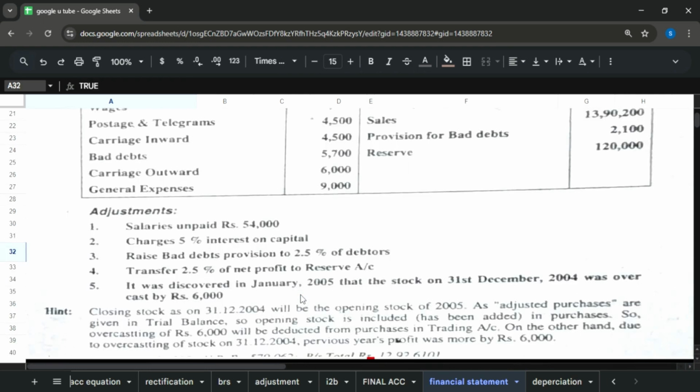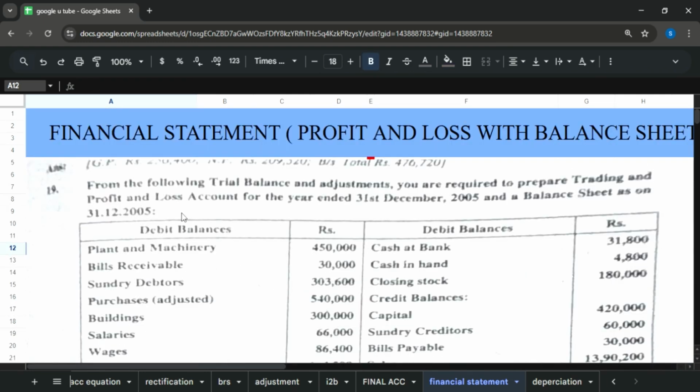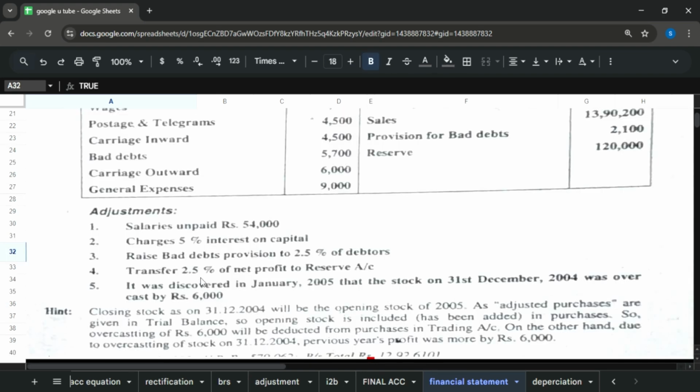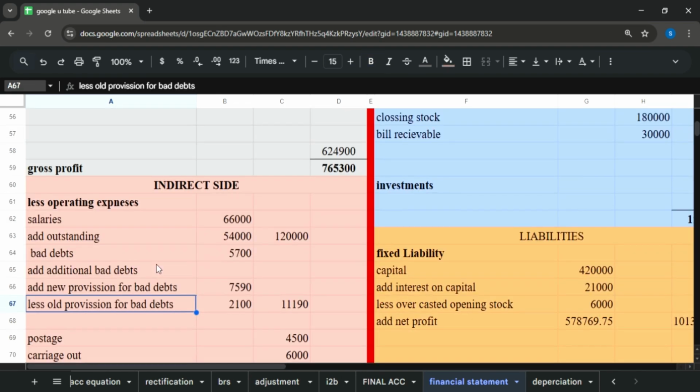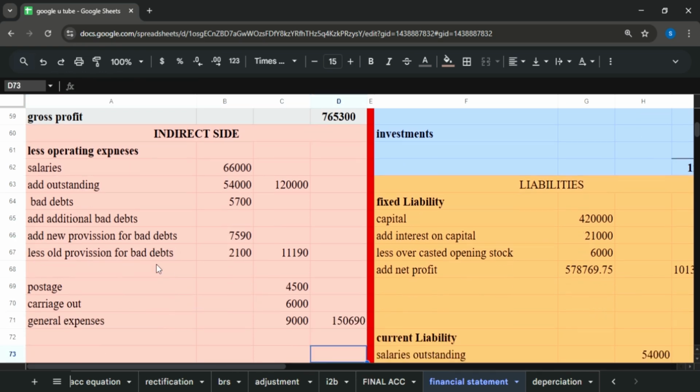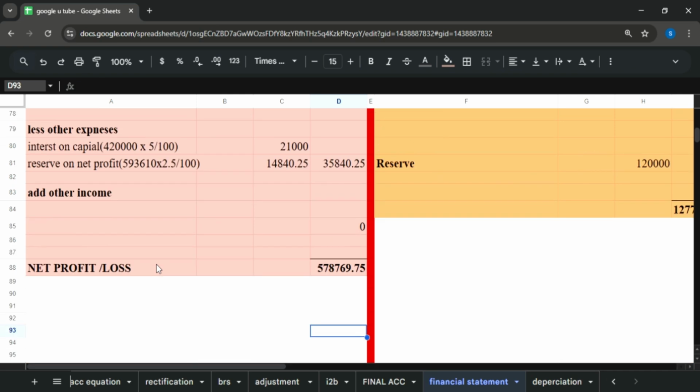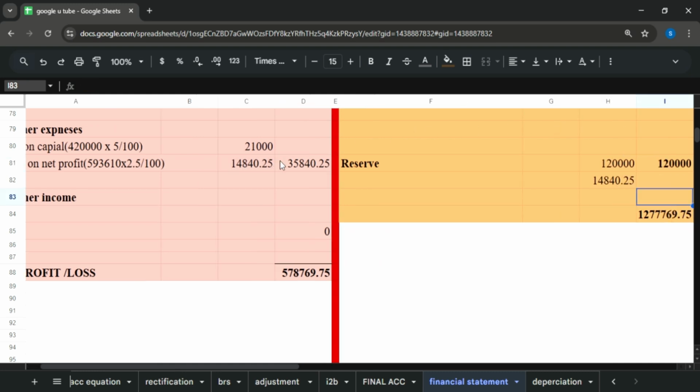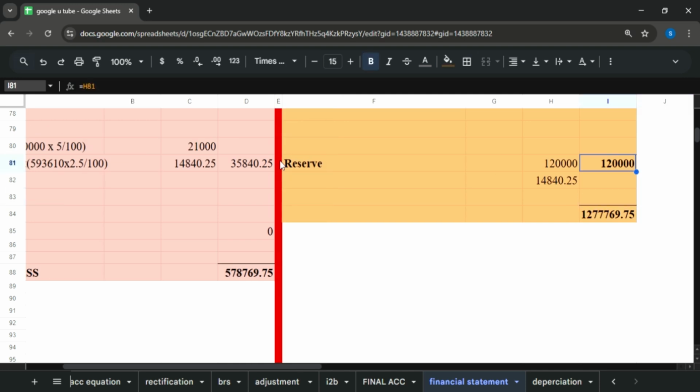And secondly, you know that this reserve is not present in the trial balance, so as an adjustment, this 2.5% as a reserve, you need to have its second effect, and you can see that 14840, we will make it the part of reserve here. And how much amount is 14840? Okay, so here you will take sum again 120,000 and the 2.5% net profit which was transferred to the reserve.